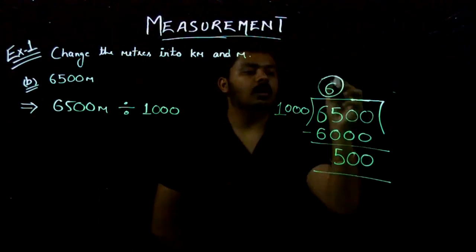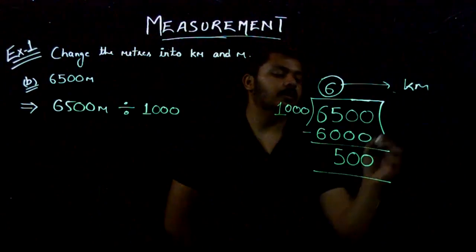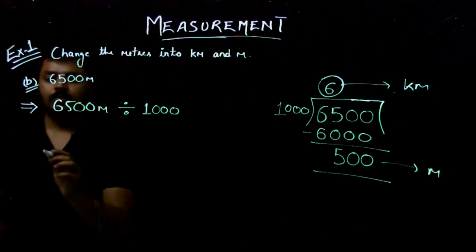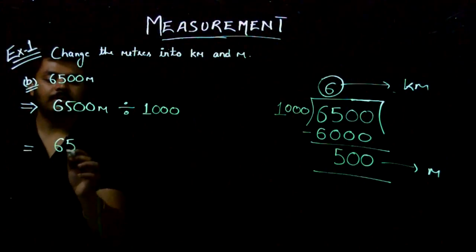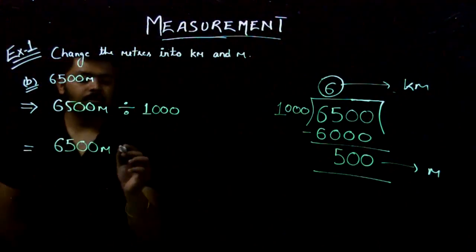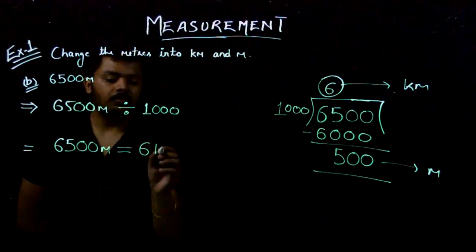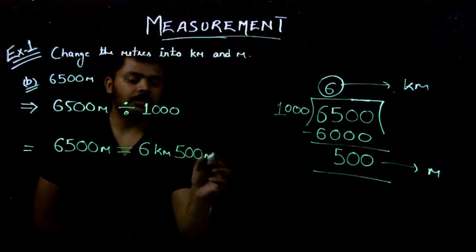So our quotient is the kilometer and our remainder is meter. So we can write 6500 meter is equal to 6 kilometer 500 meter.